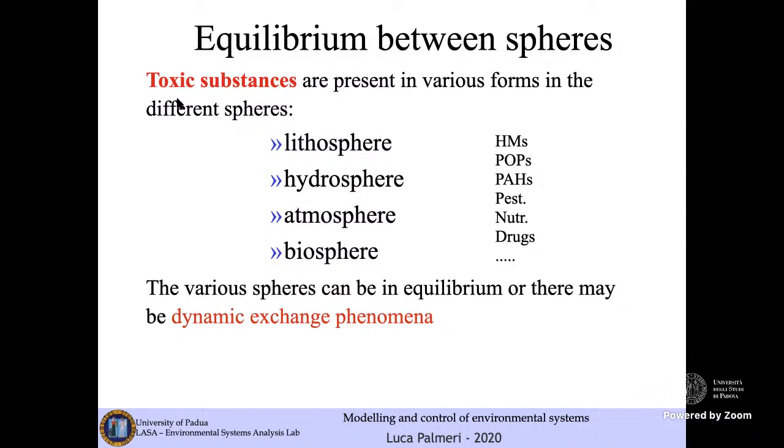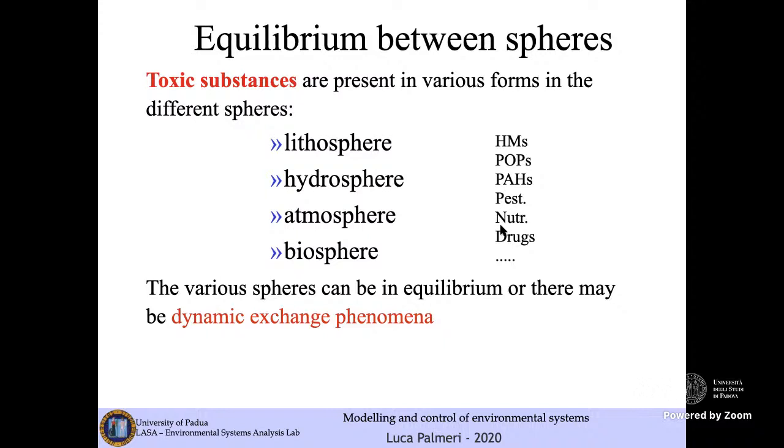And when the environmental engineer looks at toxic substances, he has in mind heavy metals or persistent organic pollutants or polycyclic aromatic hydrocarbons or more complex molecules of human origin like pesticides or nutrients that may be considered pollutants as well, or other kinds of drugs.